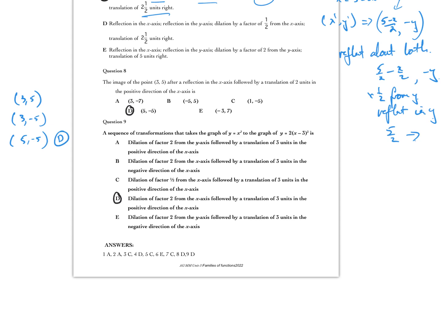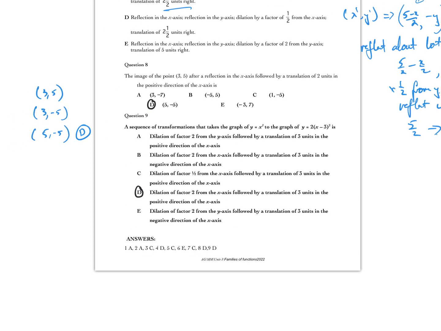Okay, so the last one here we can approach in a couple of ways. Let's just get some ink. All right, my preference, so the original equation y equals x squared becomes y dashed, I'm going to bring the 2 across, x dashed minus 3 squared.